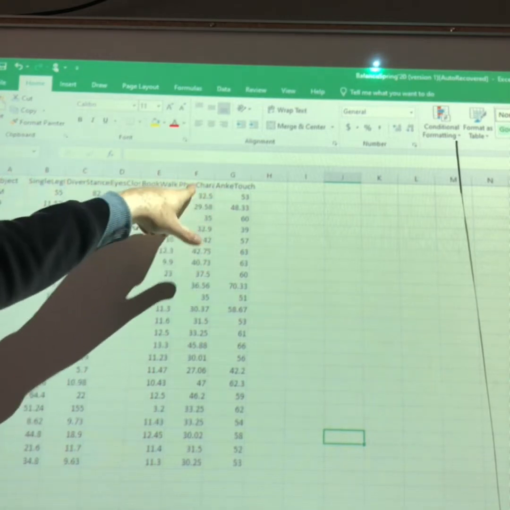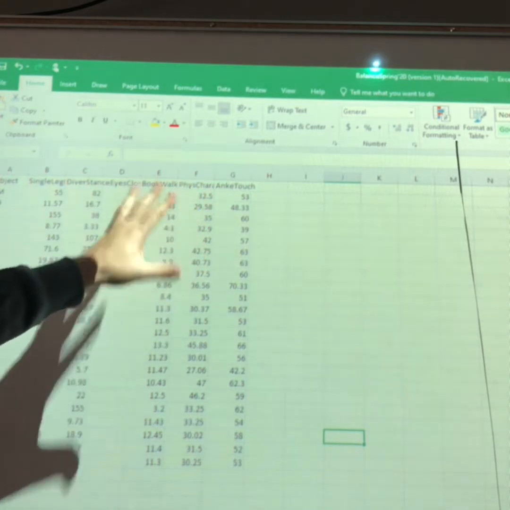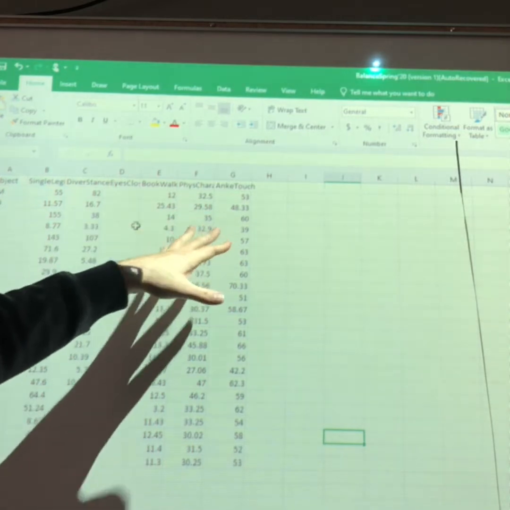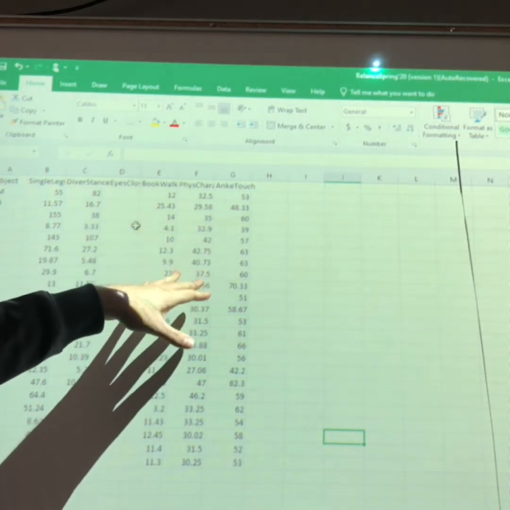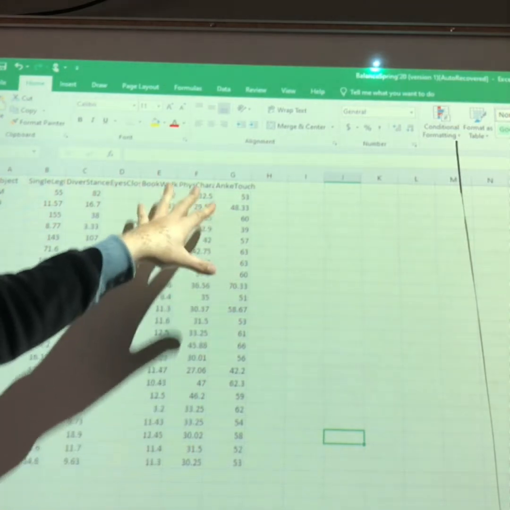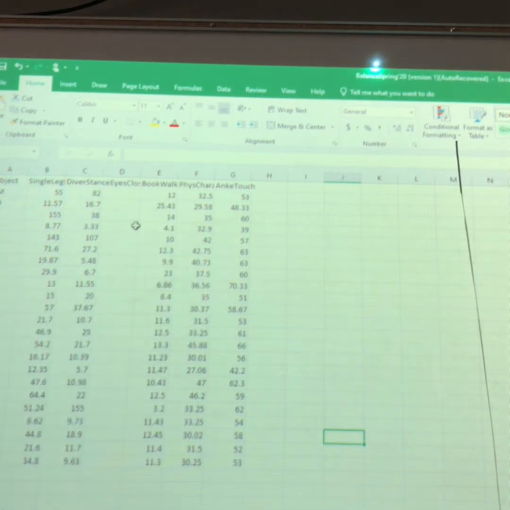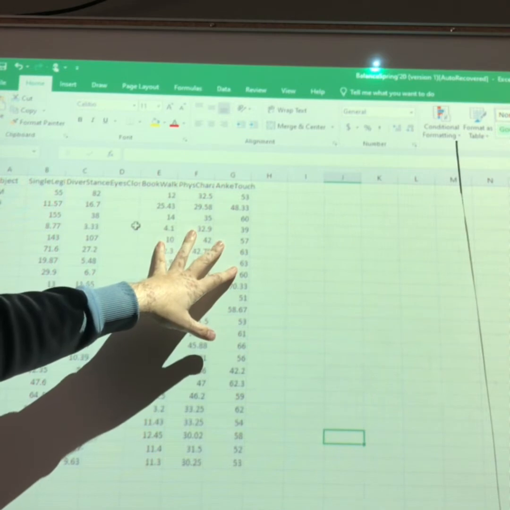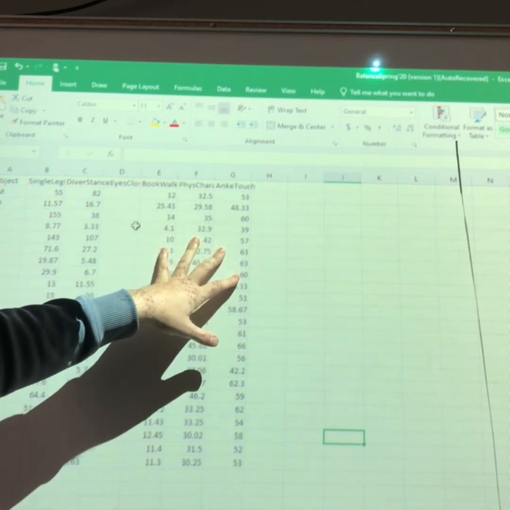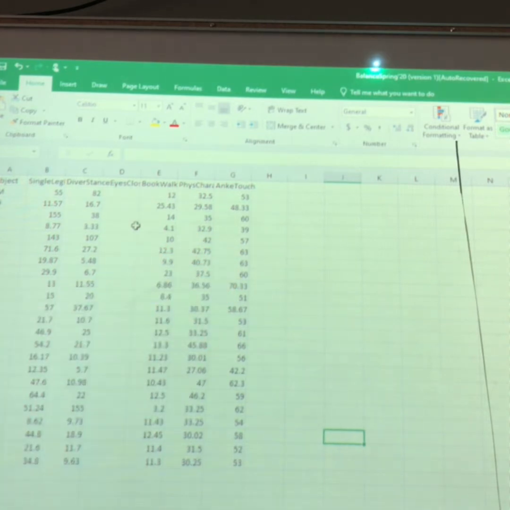But if we were to take a look at a couple of your scores, right? We've got your physical characteristic here, and I've manipulated this a little bit just to put some columns next to each other so it's a little bit easier to see. So if we do this in Excel and take a look at your physical characteristics, this is the way that we would statistically analyze this and give us an R value based on a correlational study.